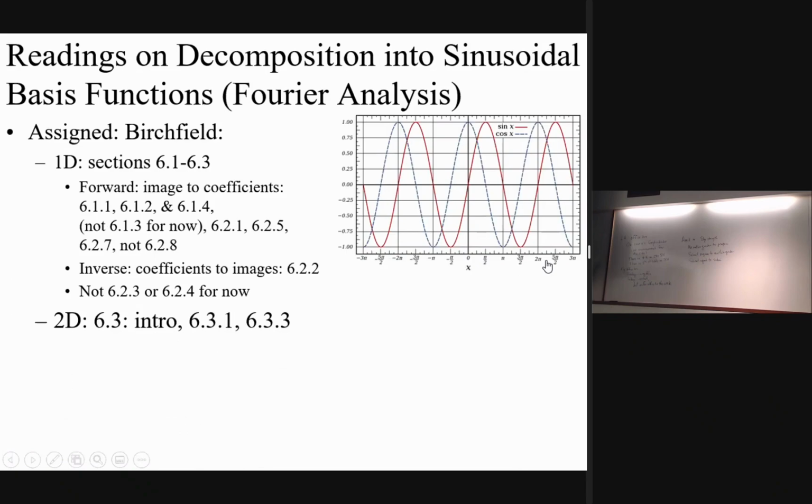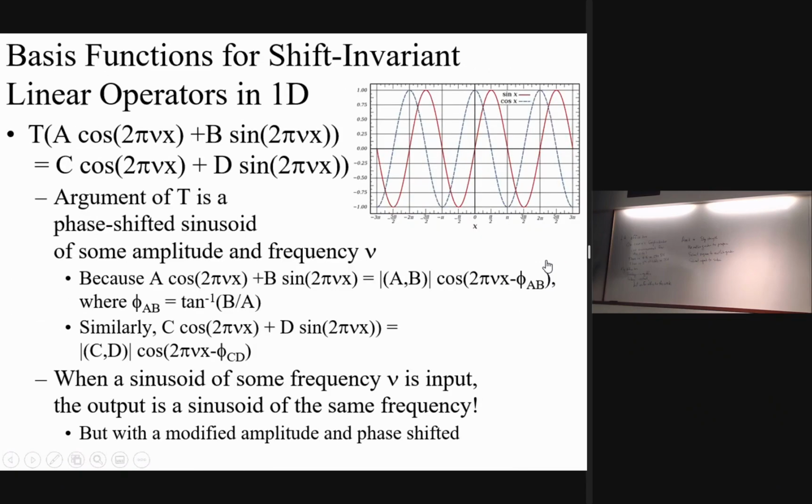Okay, so far we have seen that a sinusoid at frequency nu has two terms with real coefficients, cosine 2 pi nu x and sine 2 pi nu x, a sinusoid at just two different phases, and you have a coefficient of the sine and a coefficient of the cosine, two coefficients.